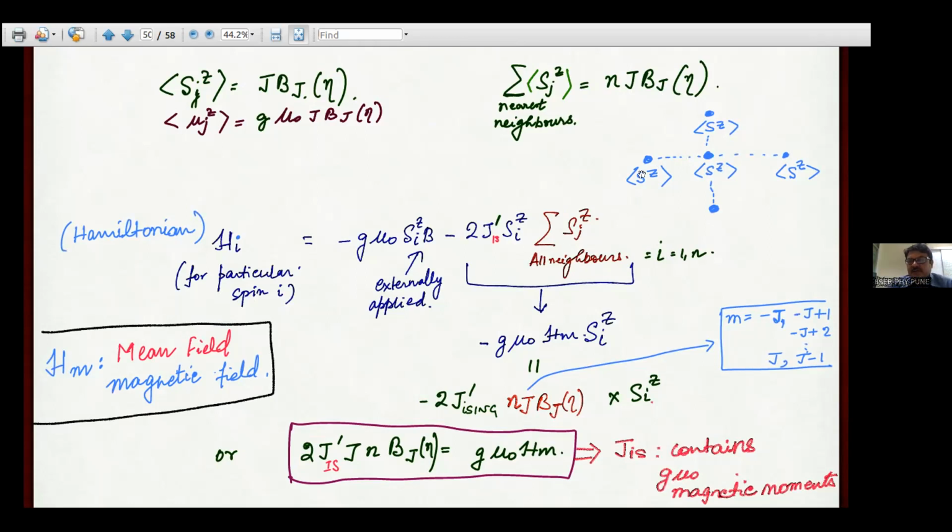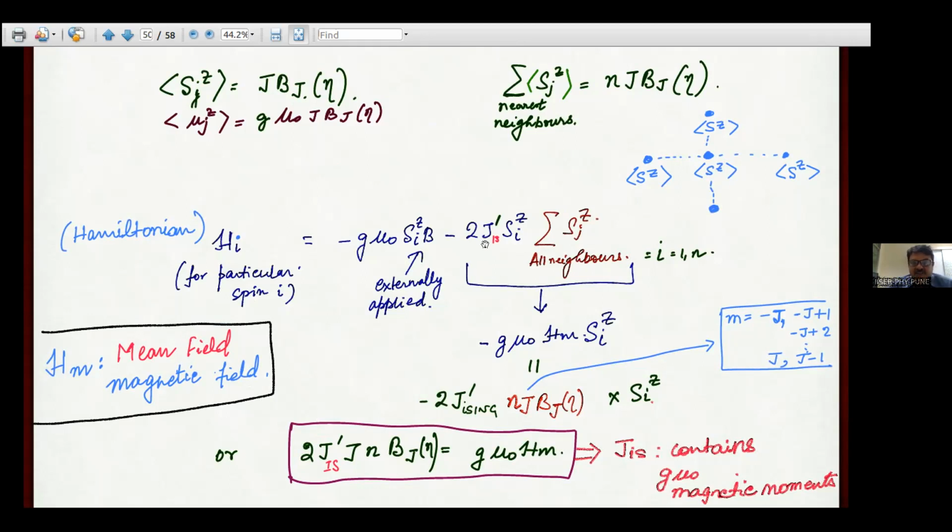So this spin has 4 neighbors, each of which has an average spin value given by this. When you sum over the 4 cases, it becomes n J B_J. That's all there is to it, and that has been written as Hm, as we discussed.